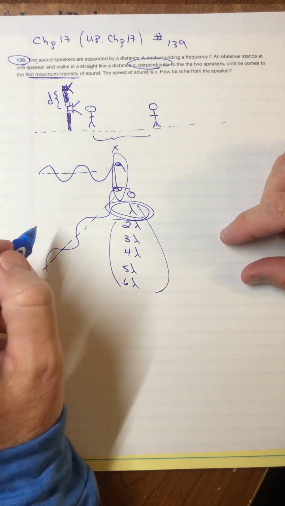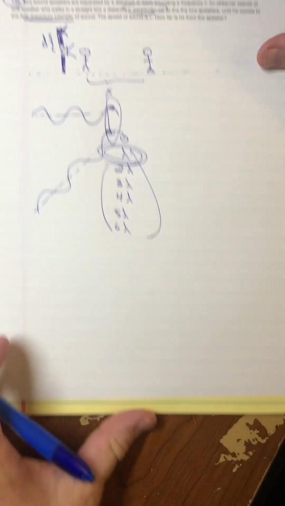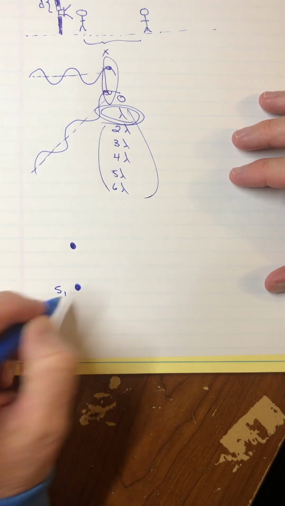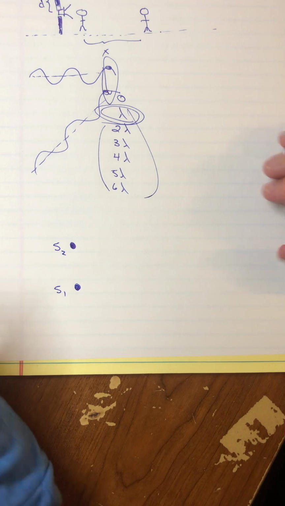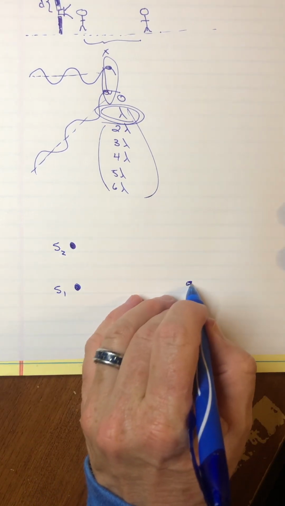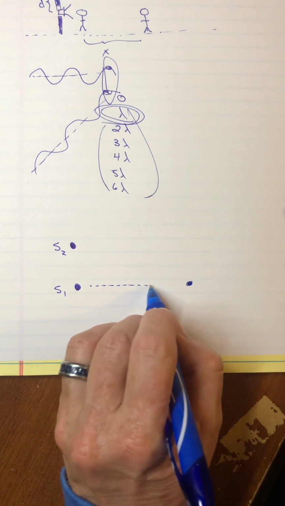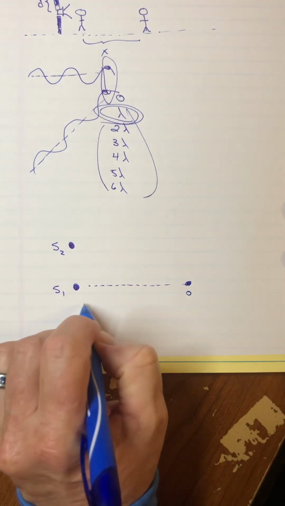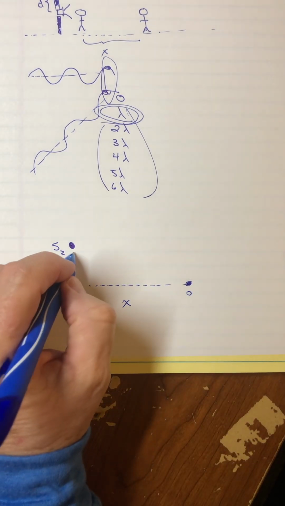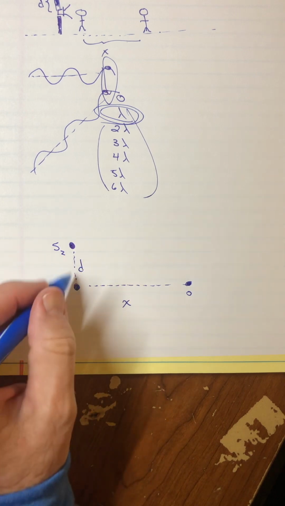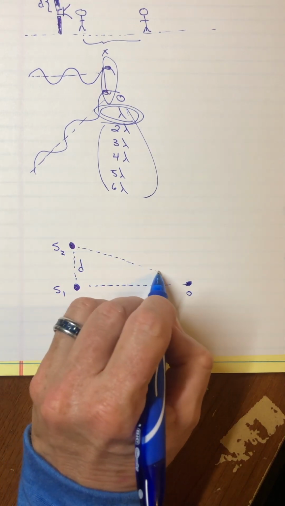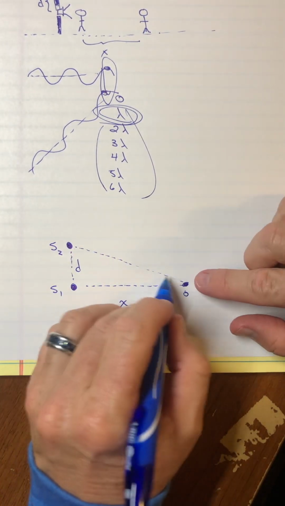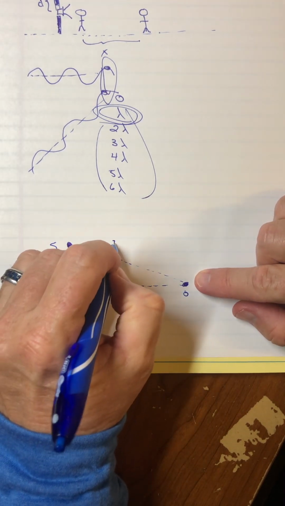Because if you redraw this picture, and I'll just put it like this, S1 for speaker number one, and S2 for speaker number two, and the observer over here. The distance from speaker number one to the observer is our x, which then, because this vertical distance is d, this distance from the observer to the second speaker is the hypotenuse of a triangle.